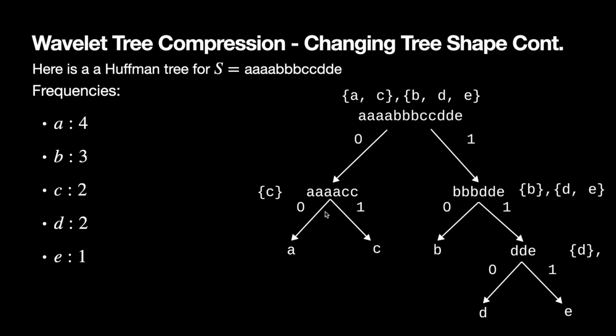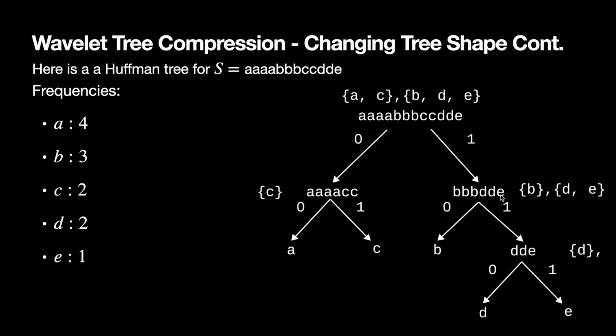At the left node, AAAACC, we just split it into A and C because we only have these 2 nodes here, so really there's no choice. I think it's somewhat arbitrary if there's some sort of tie, but generally the more frequent character goes in the left partition. At least that's what I've done in this example, which is why A is in the left child and C in the right.